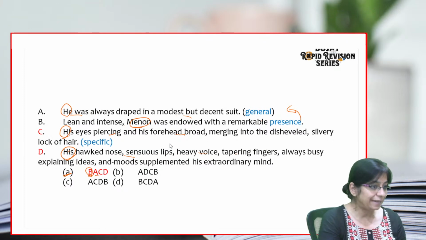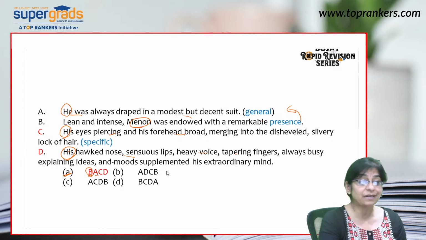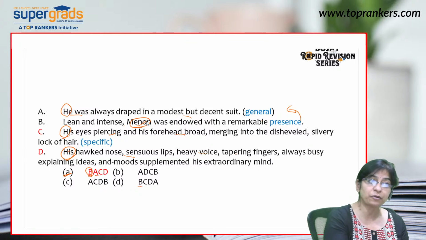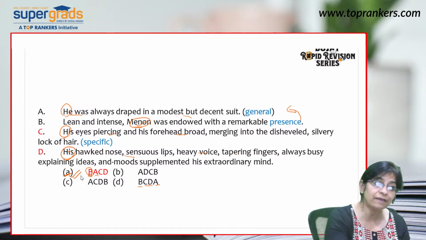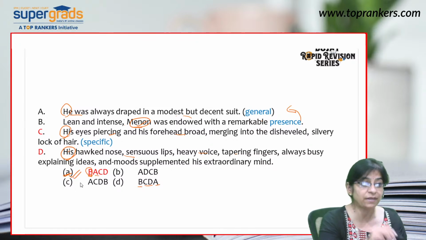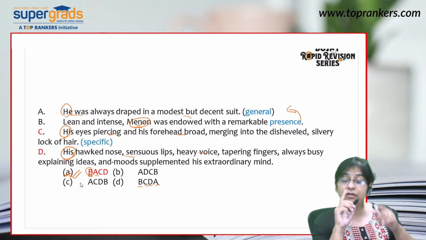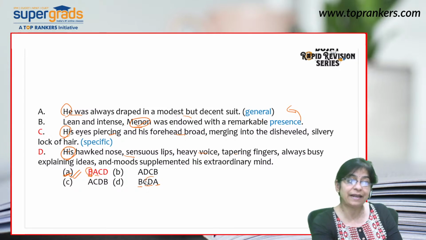Why not D? Yeah, good question. Let's see why not D. I begin my passage with the option B, because it talks about Menon. And then I place C and D, and then I place A. The reason why this is a better answer choice than D, the only difference is C. C and D are put together because they are mandatory pairs.